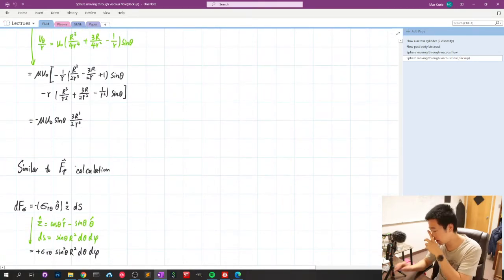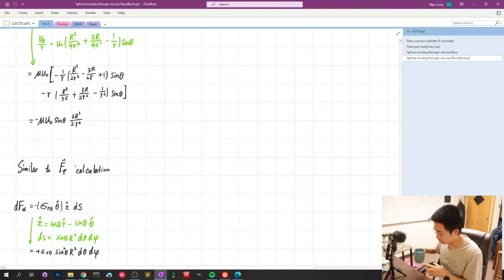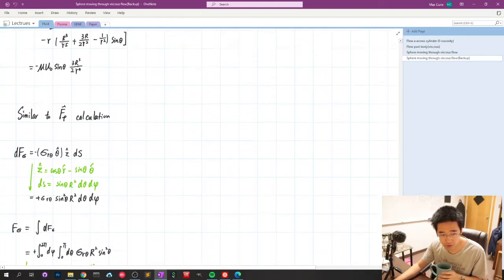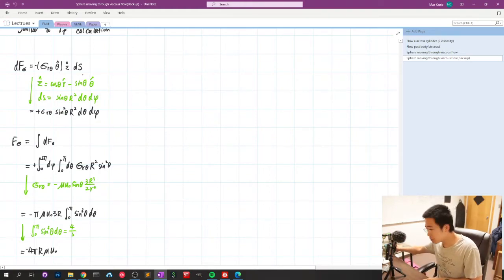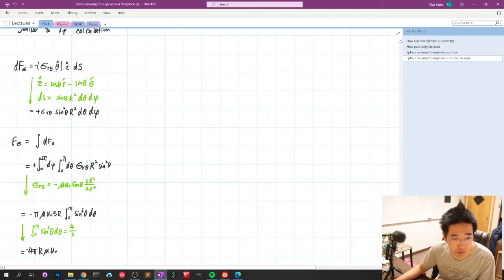Similar to calculating the force due to the pressure, we can calculate the force due to the stress. But the stress is in the theta direction, so that component will be negative. Then we have d theta sine theta squared, r d theta d phi, sigma r theta.